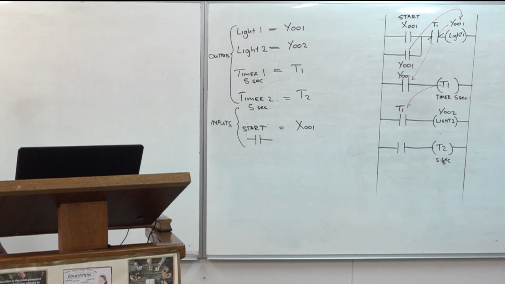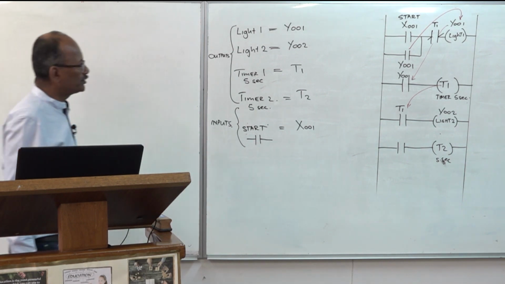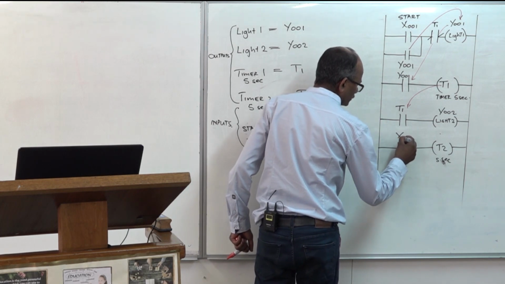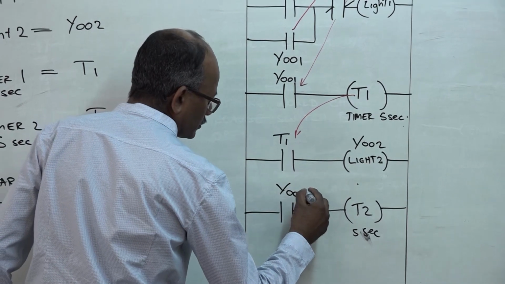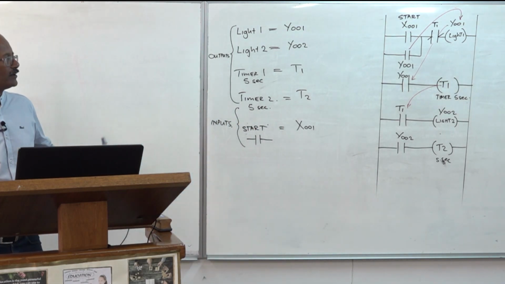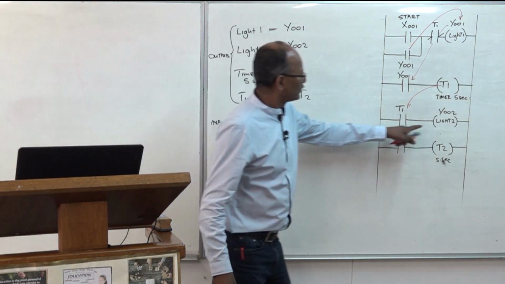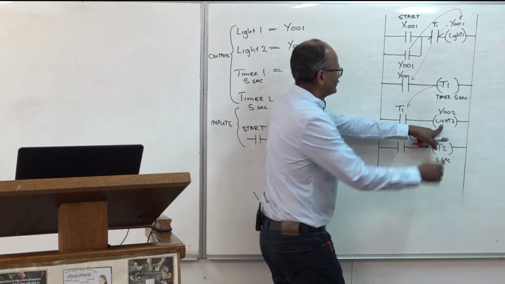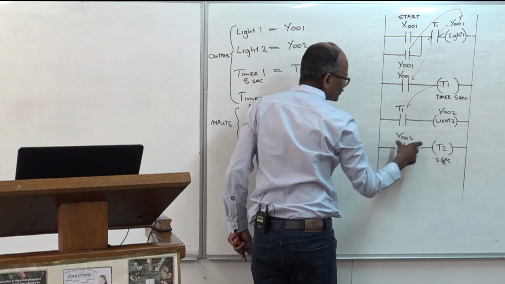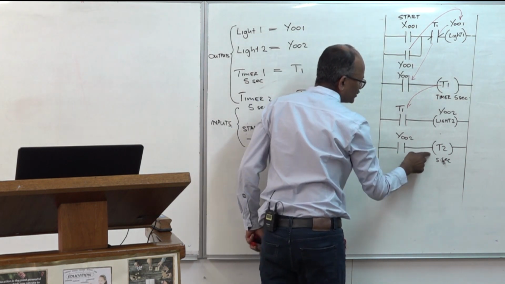So what would switch on timer T2? It would be light Y002. And you find now, once light 2 comes on, T1 turns it on, it turns that off, but it also at the same time starts timer T2.